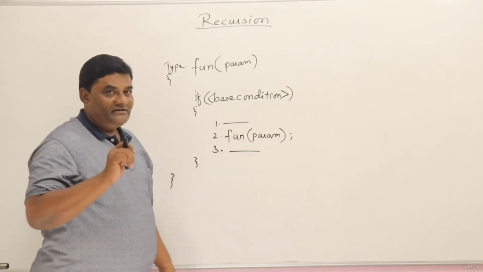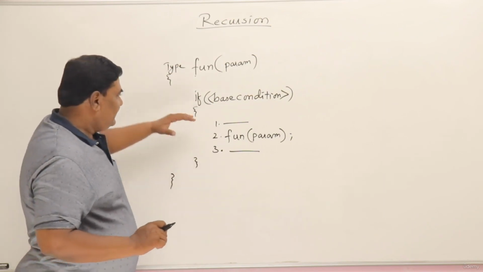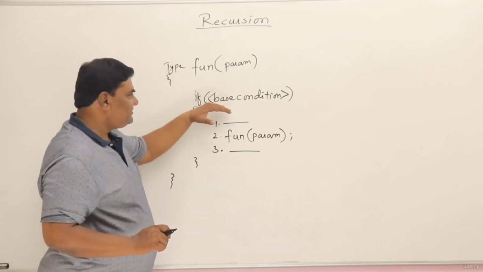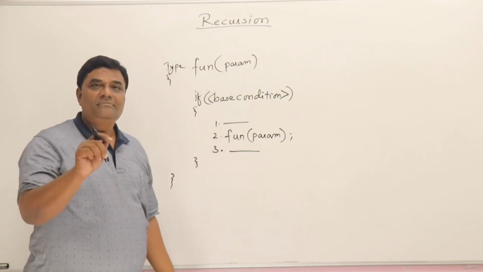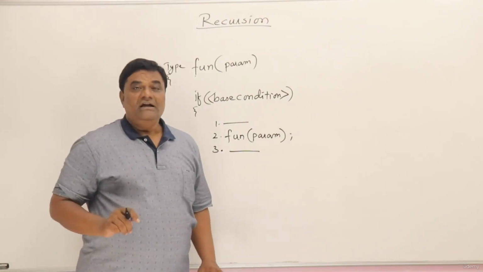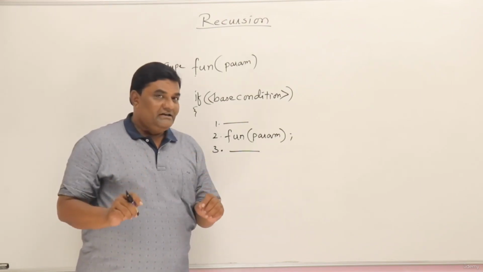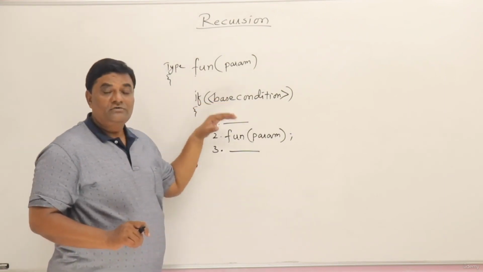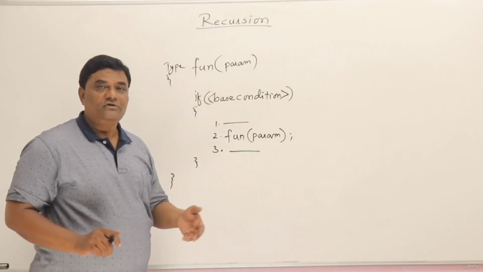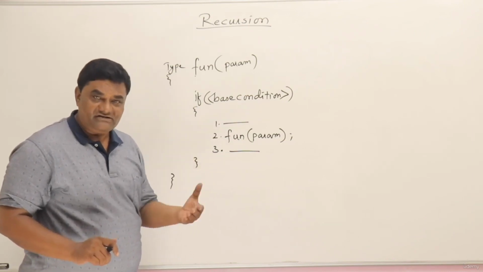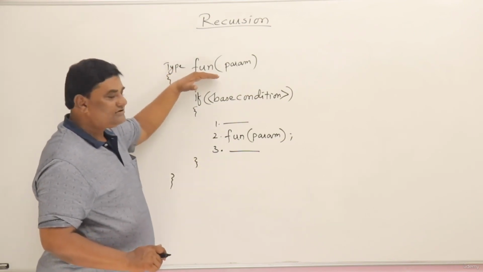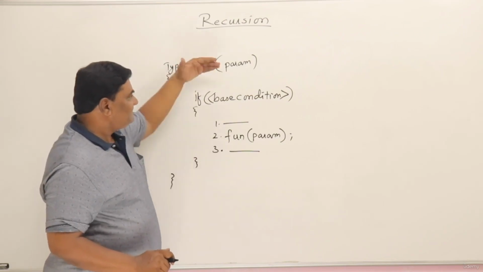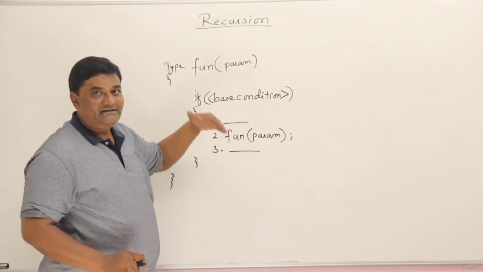Then one important thing inside recursion is, here you can see that this is a base condition. There must be some base condition that will terminate the recursion. There must be some method to terminate it. Otherwise it will go into infinite calling. First we call the function the first time, then it will call itself, again call itself, again call itself.